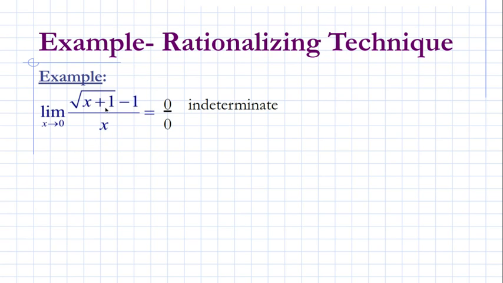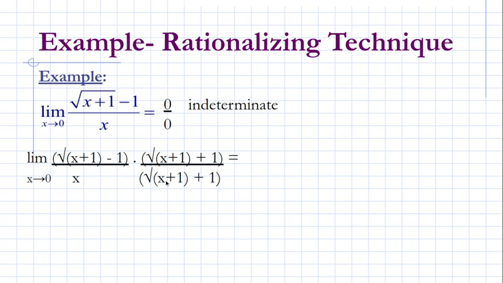If we've got the square root of x plus 1 minus 1, the conjugate of that would be square root of x plus 1 plus 1. So we want to multiply the top by that, and we also have to multiply the bottom because we can't change the original expression. So this is the limit that we're starting with, and now we're going to multiply the top and bottom by the conjugate.